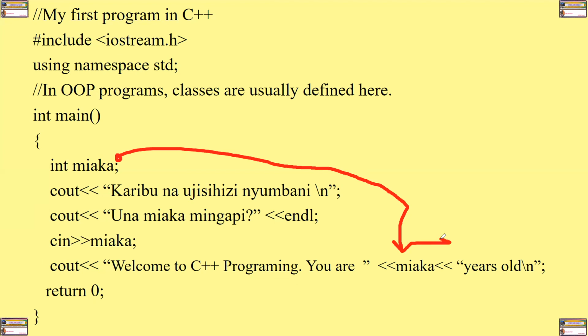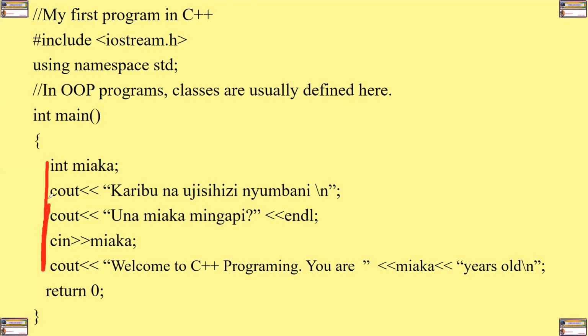You are 10 years old, and print a new line. Then return 0. Once the compiler encounters this statement, it tells it that the processing of the instructions within the main function is complete. So return control to the processor and terminate the program.